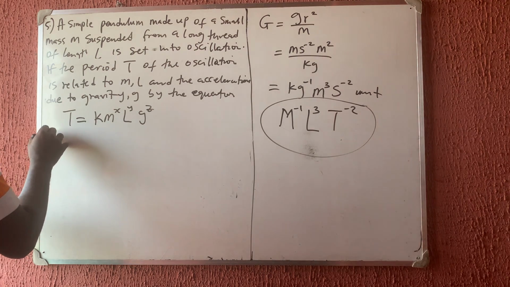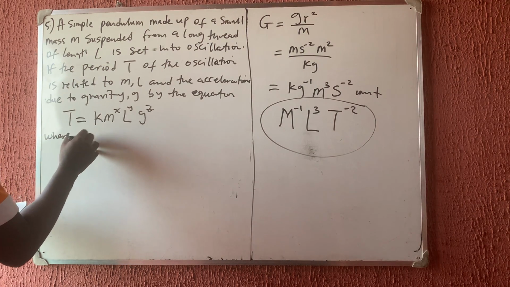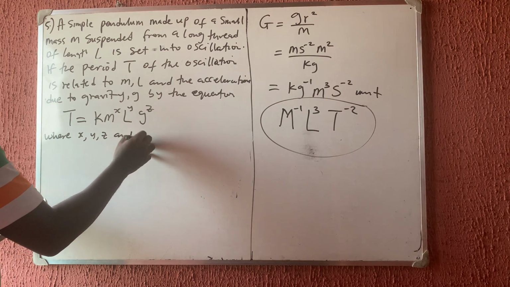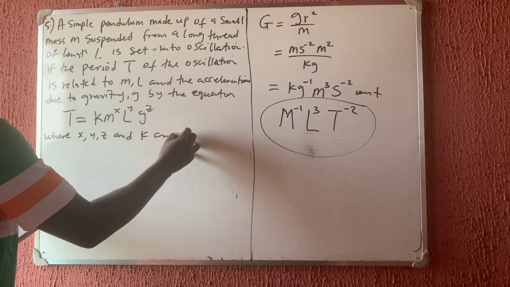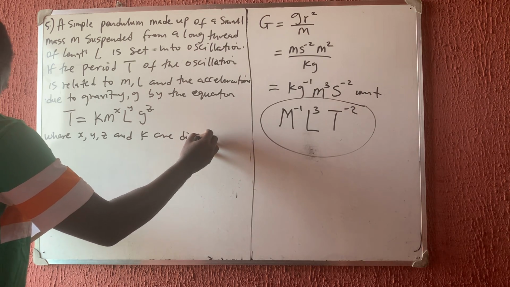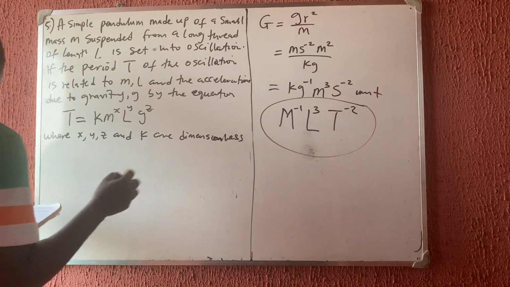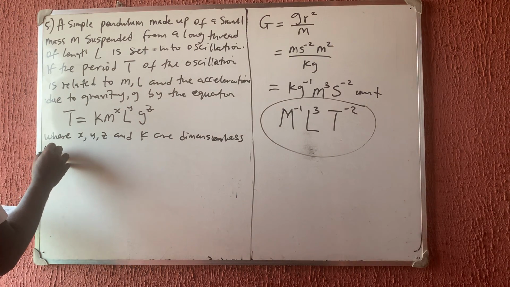Okay, then I say where your x comma y comma z and k are dimensionless constants.